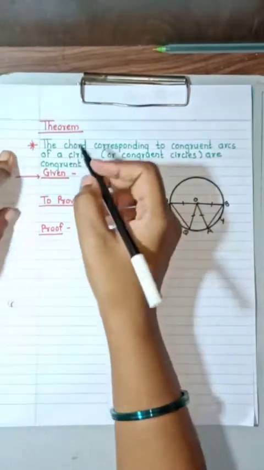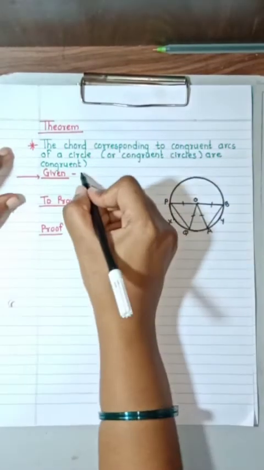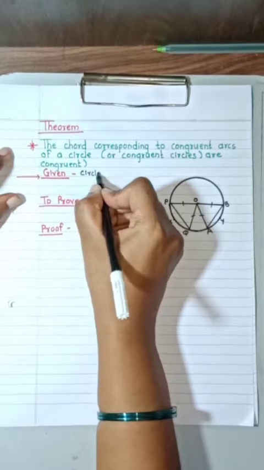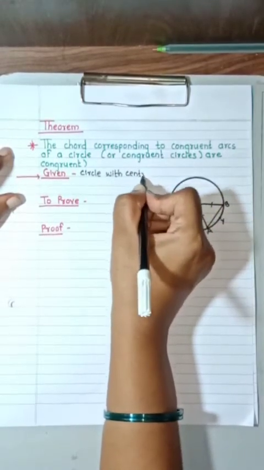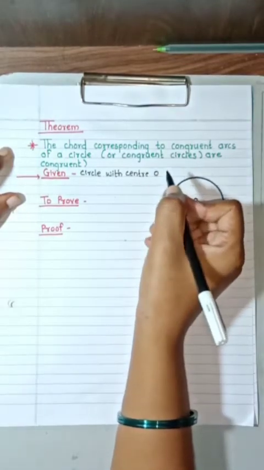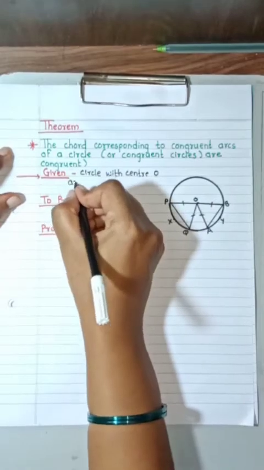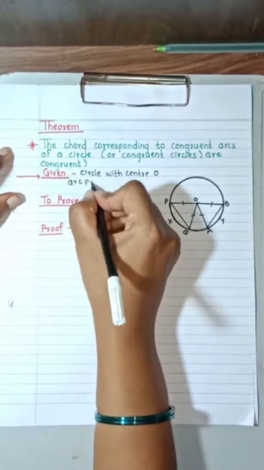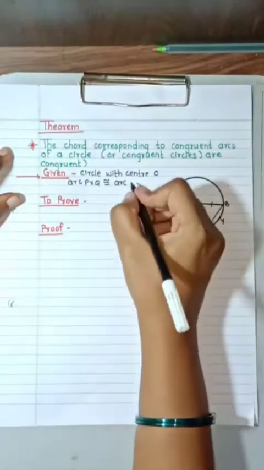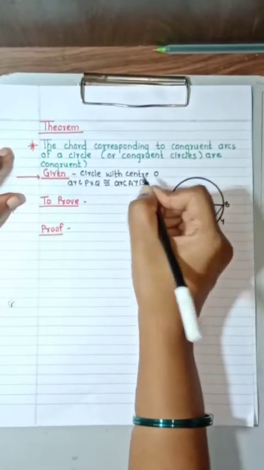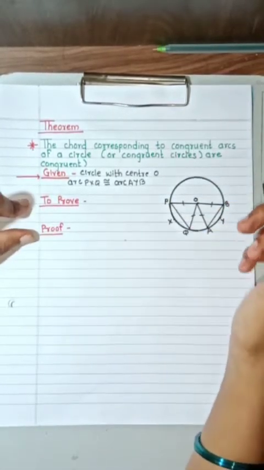It is given that circle with center O, then you have arc PXQ congruent to arc AYB. So this is given to you all. You have to prove that chord PQ is congruent to chord AB.